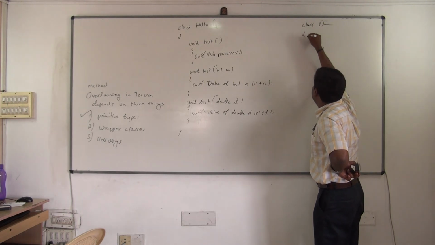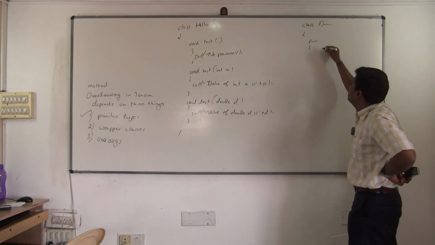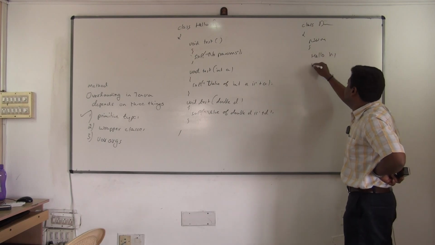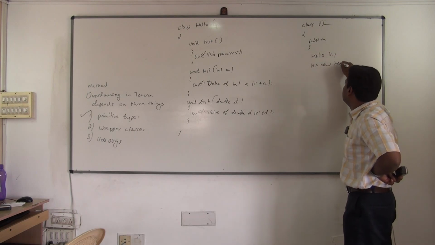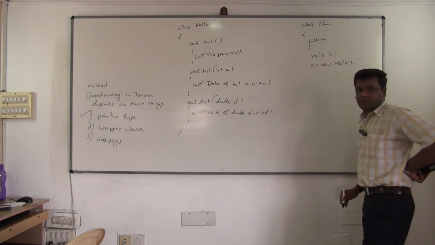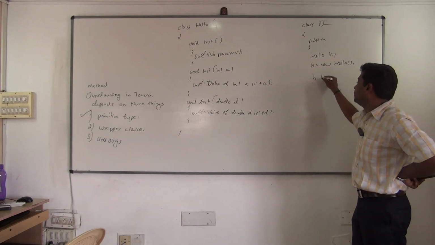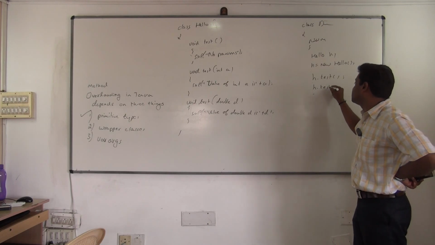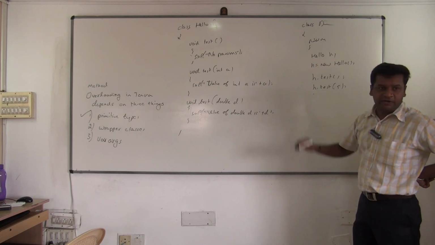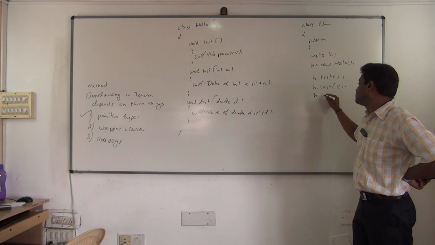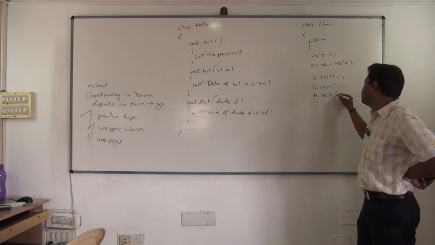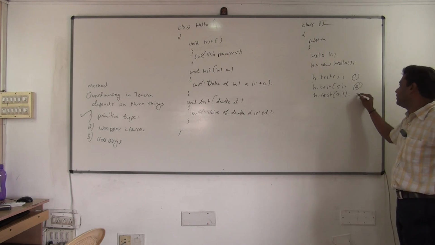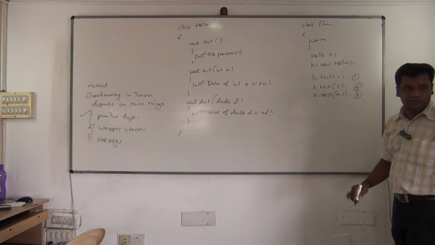Class Demo, PSVM. Hello h is equal to new Hello. We have created the object. After creating the object, I'll call h.test. The first one gets executed. We know that h.test(5) executes the second one, and h.test(9.1) executes the third method, no issue.